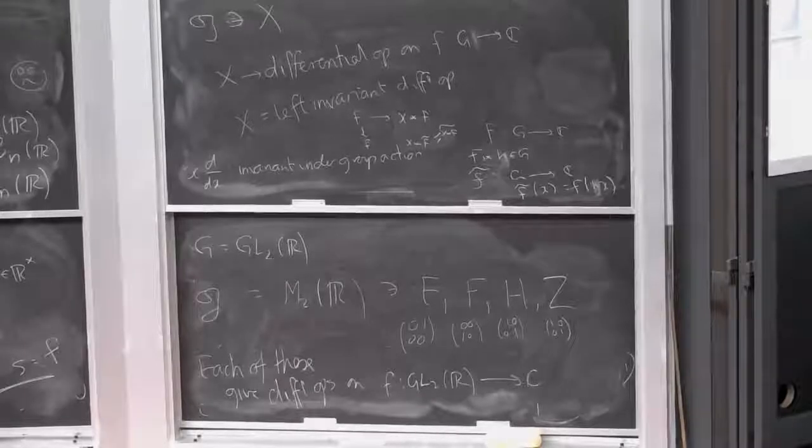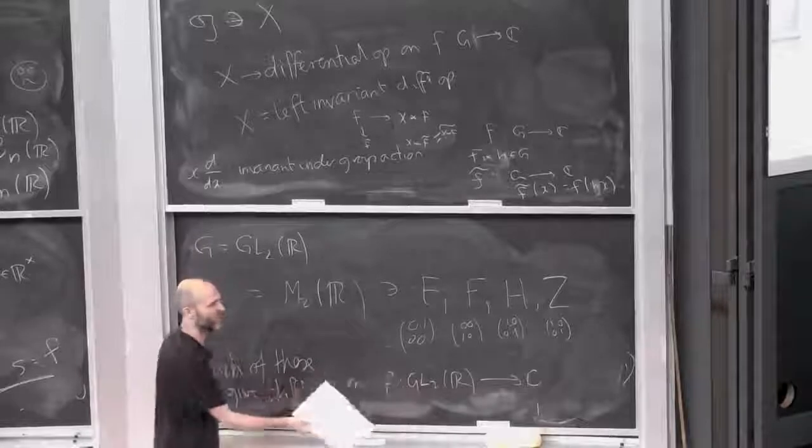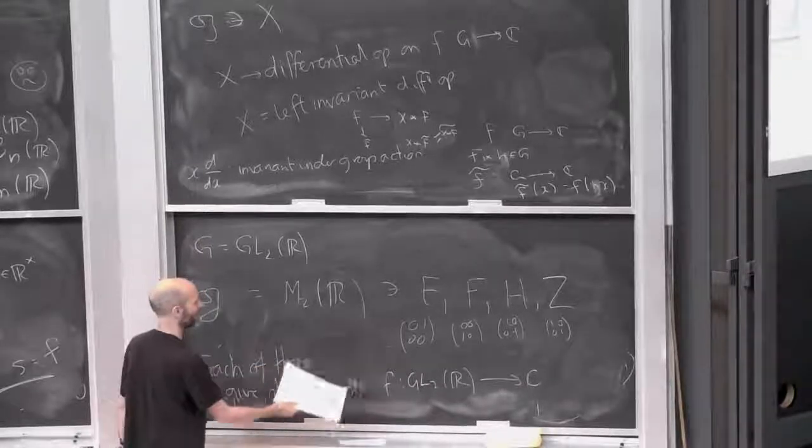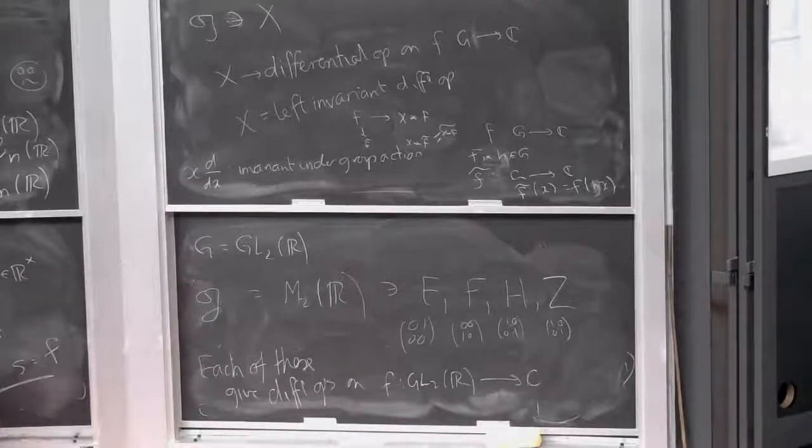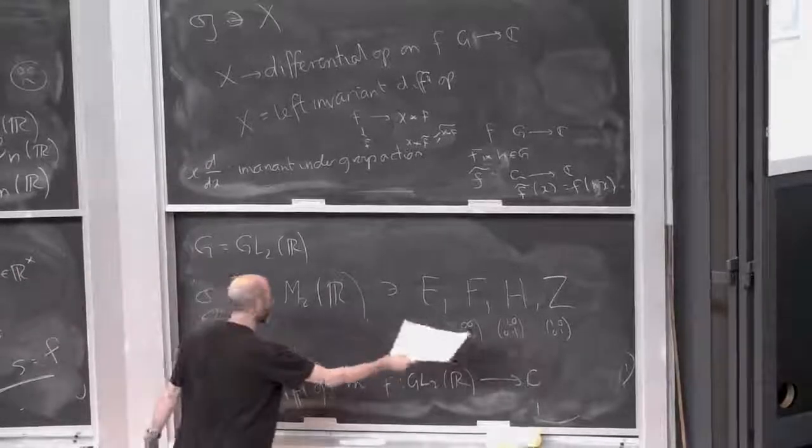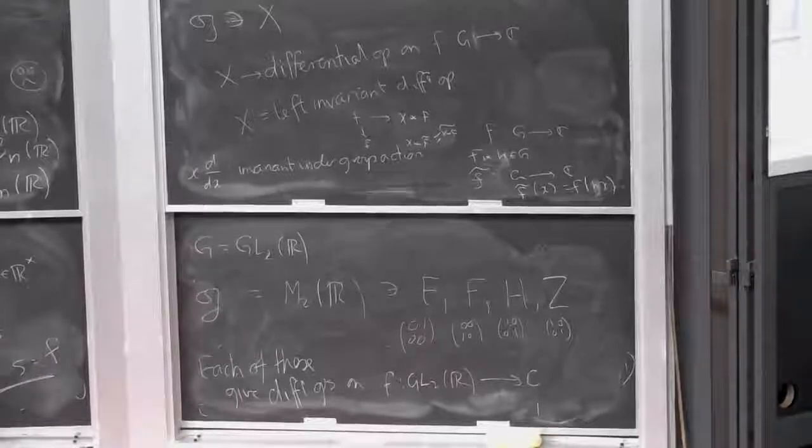I really did explicitly take some functions on GL2 of R, take these matrices and exponentiate them, times them by t, exponentiated them, and then took derivatives. Even though d by dx and d by dy commute, general differential operators for some reason don't commute with each other, right? This is a non-abelian group. So these are left invariant but not right invariant. And when you start multiplying them together, you get all kinds of craziness, right?